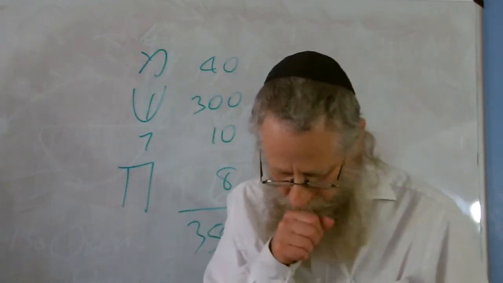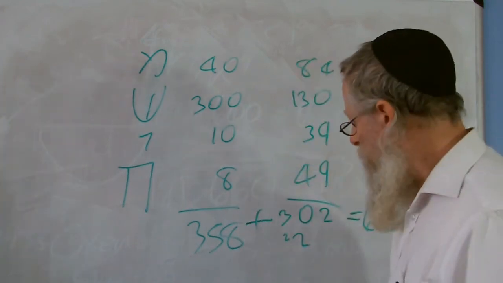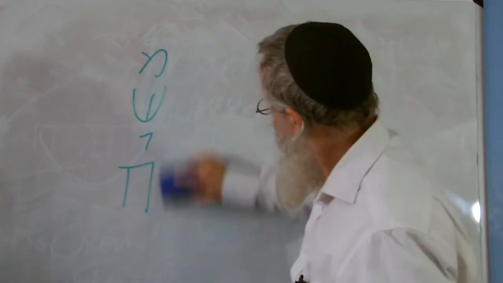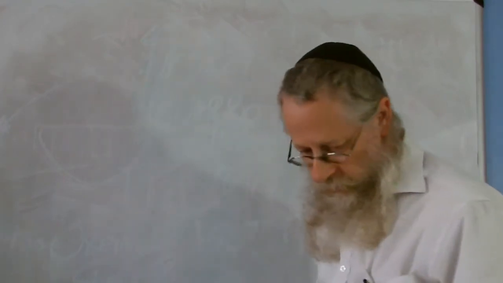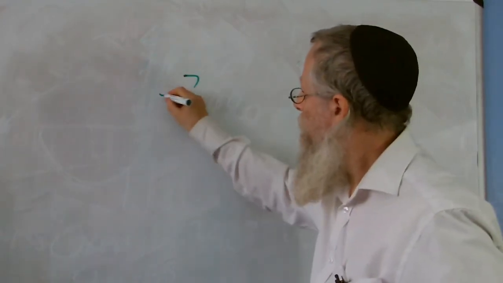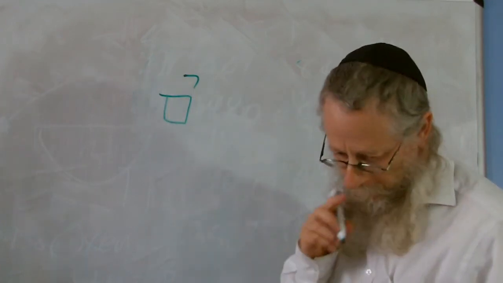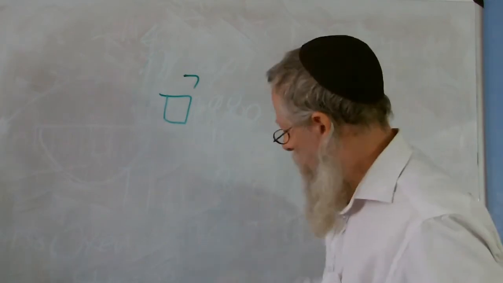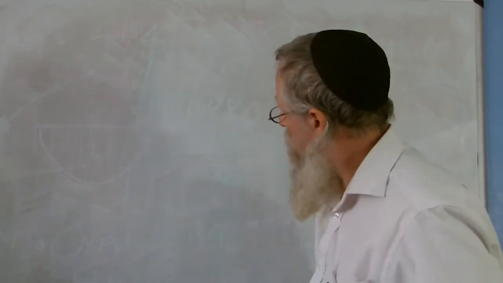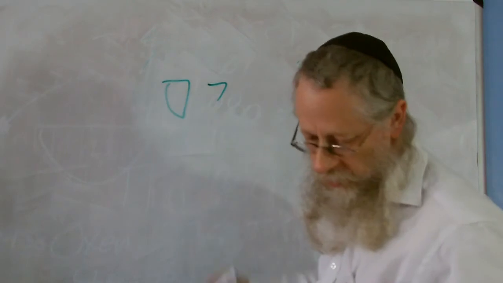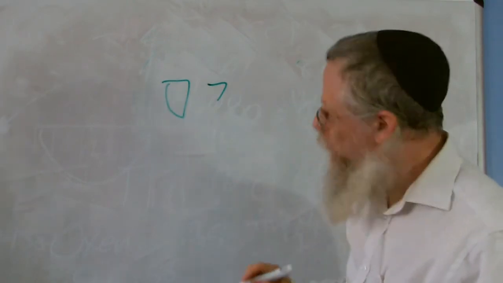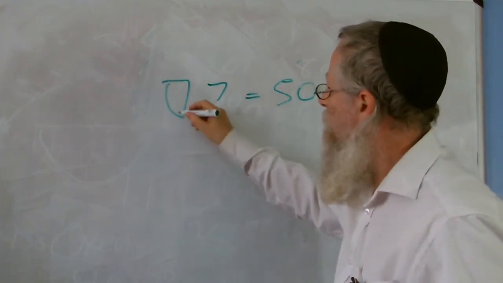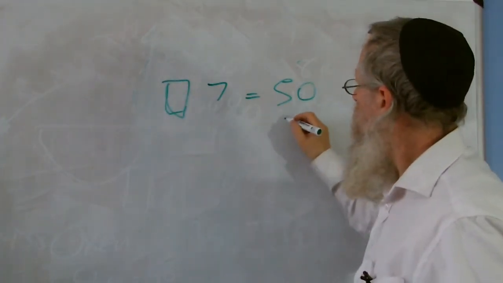Let me just show you an interesting word, yam, the sea. It's got a normal value of 50, which we had before. That's 40 and 10, which is 50.